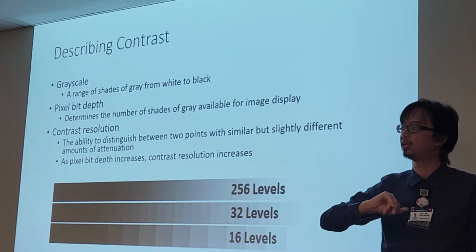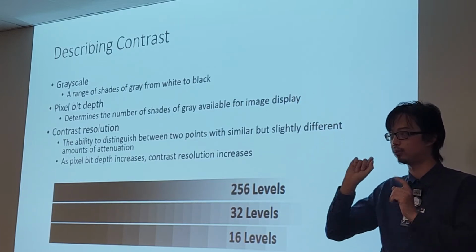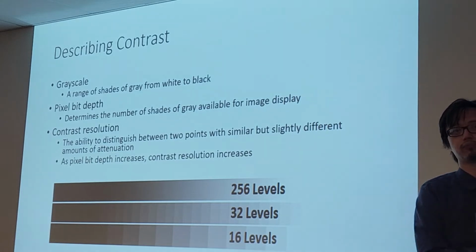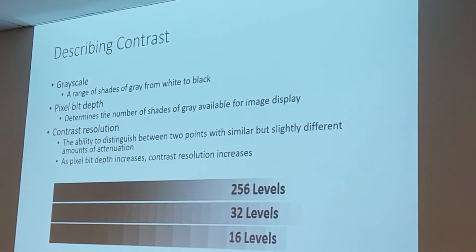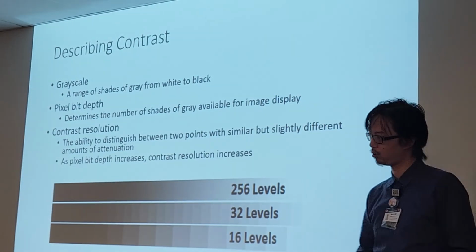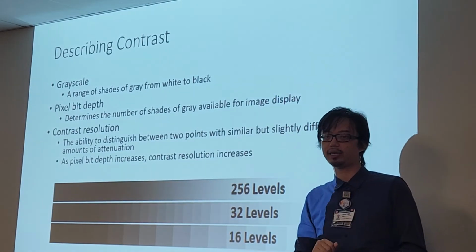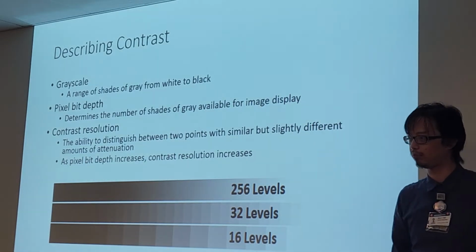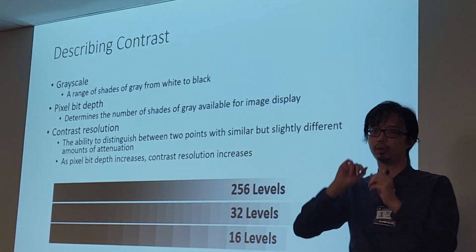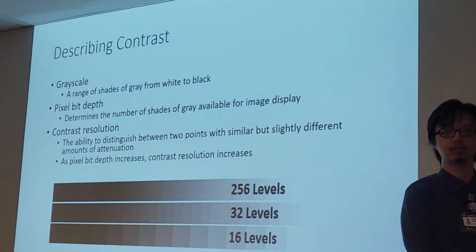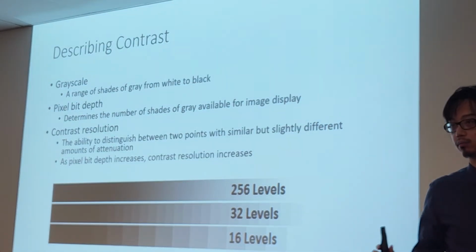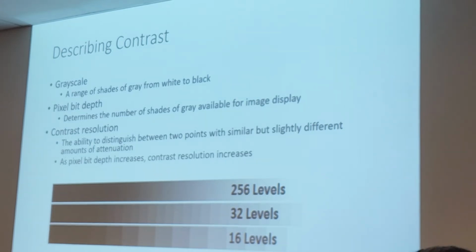Two different shades of gray, I can tell them apart. Good contrast resolution. On the other hand, if I do not have enough shades of gray, liver is one shade of gray, psoas muscles the same shade of gray, I can't tell them apart, so I have low contrast resolution. Just like we discussed last chapter. Does that make sense?